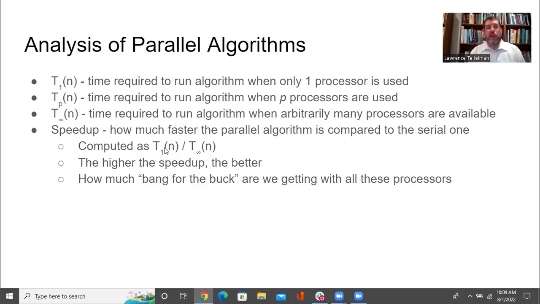The bigger the ratio, it means the denominator is much smaller, so I'm getting a lot of bang for the buck. The processors I'm using are helping me. Whereas if this number is close to 1, even though I'm introducing a lot of processors, it's not really helping. I'm not getting it much faster than before. This is a number we're going to look at for each of these parallel solutions.